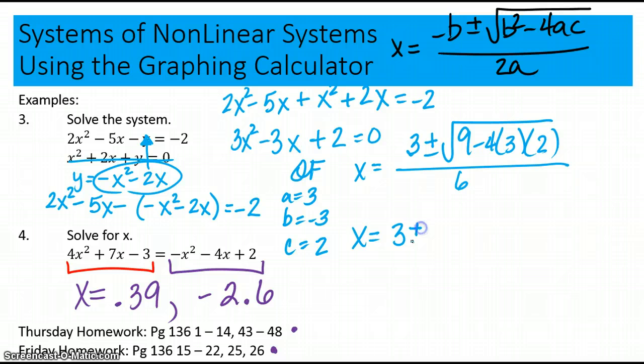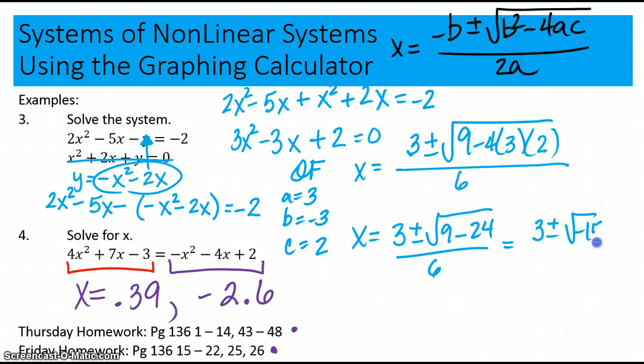So we have 3 plus or minus square root of 9 minus 24 all over 6, which is 3 plus or minus square root negative 15 over 6. Negative 15 gives us an i: 3 plus or minus i root 15 over 6.